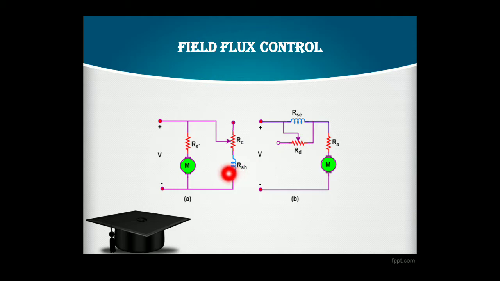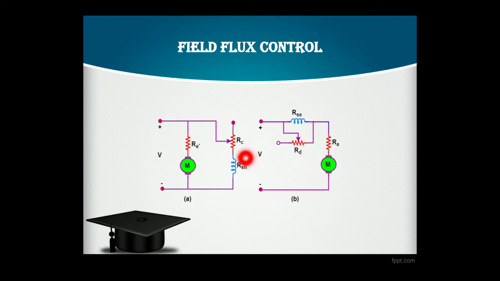Here there is a variable resistance, Rc, connected in series with the shunt field winding, and here is another resistance, Rd, which is connected in parallel with the series field, that is also a variable resistance.